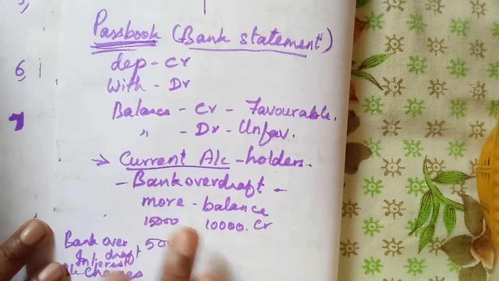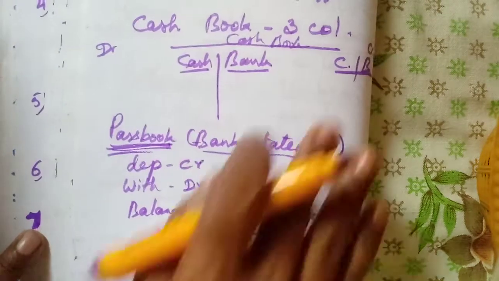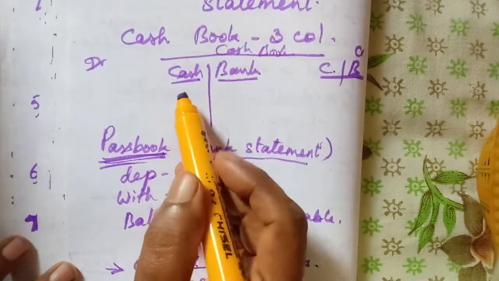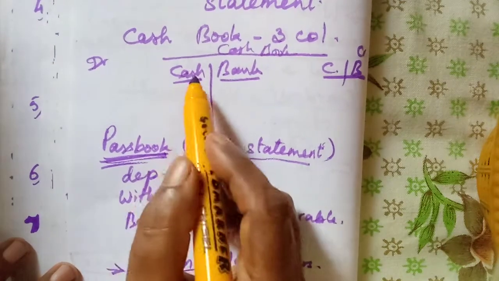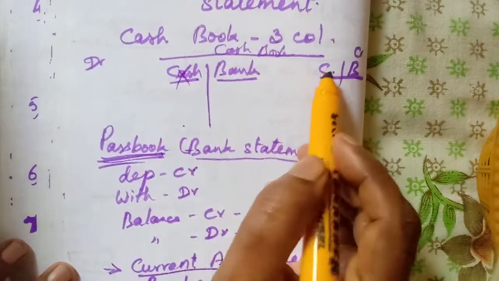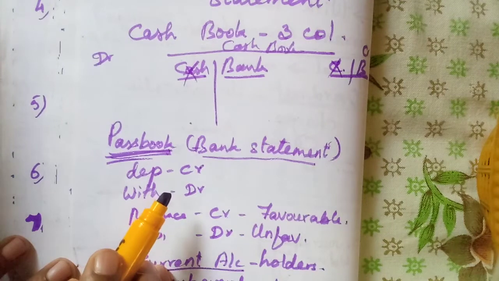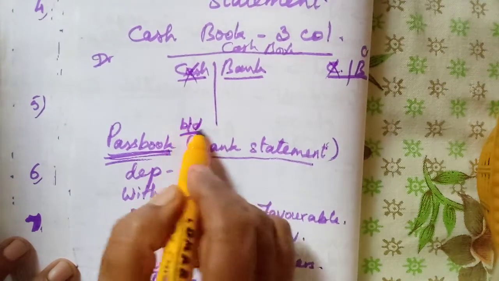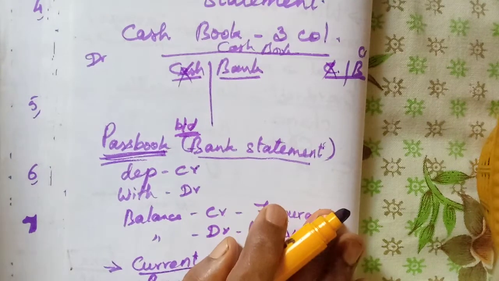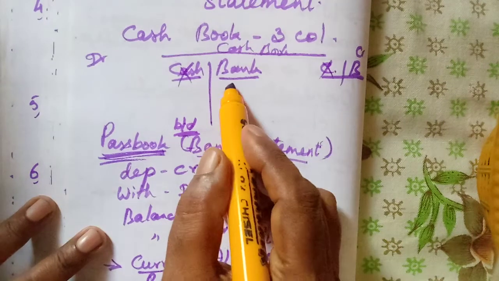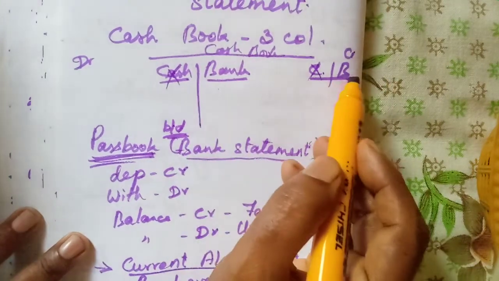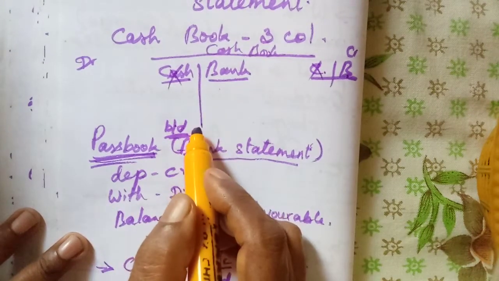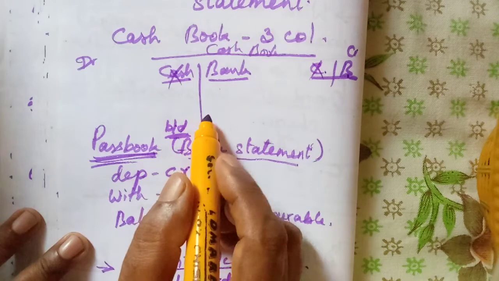Now in this cash book we also have a cash column, but forget about the cash column. We do not worry about it, because it will have only a debit balance. But in the bank column, a credit balance is the favorable balance.